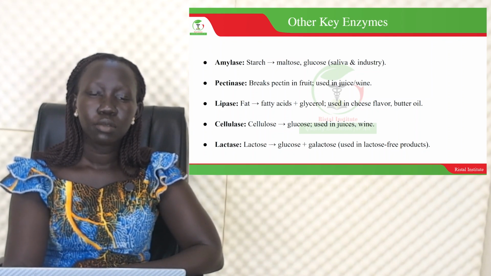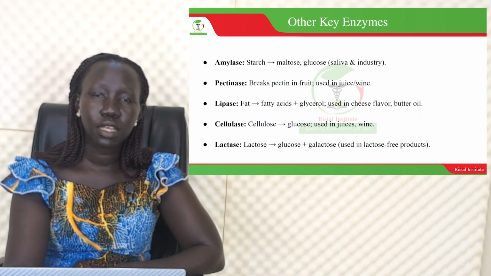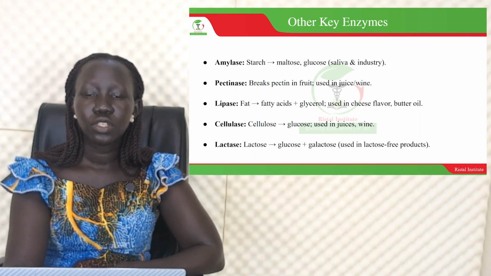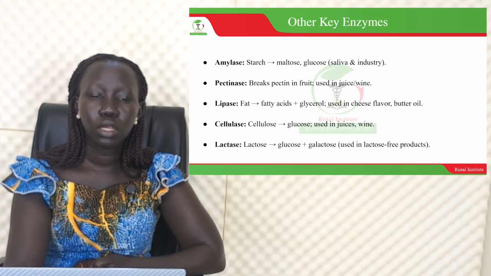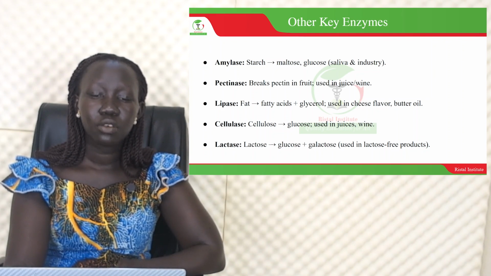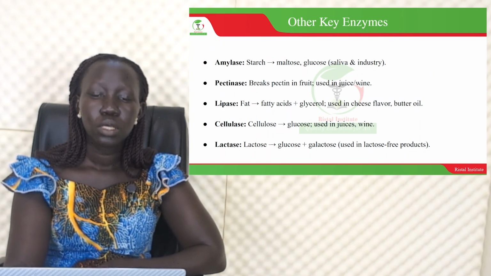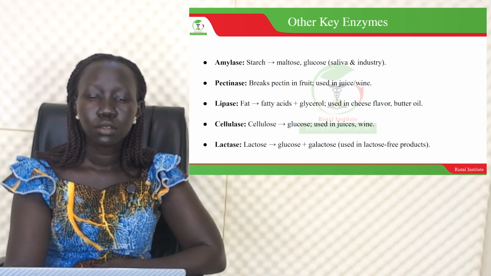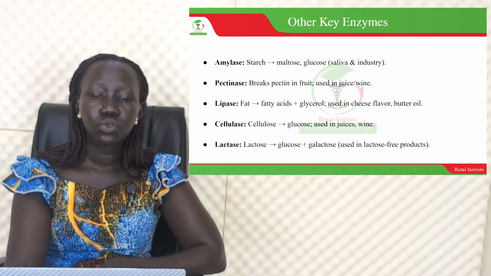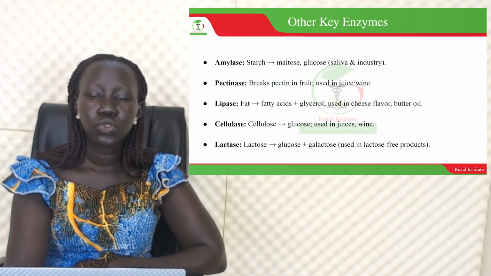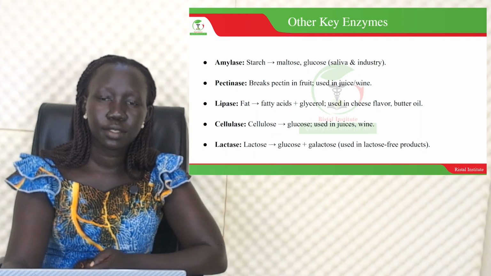Lipase breaks down fats into fatty acids and glycerol. It can be used in cheese flavoring and also in butter oil. Cellulase breaks down cellulose to glucose and can be used in juices and wines. And lactase breaks down lactose to glucose and galactose, and it is mainly applied in lactose-free products.